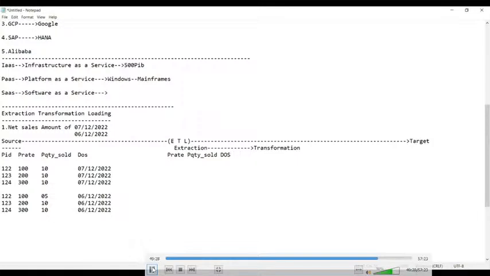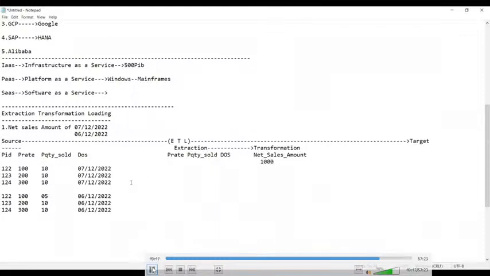What is 100 into 10? 1,000. Very good. So 100 into 10 is 1,000. Can I write it here directly as 1,000?